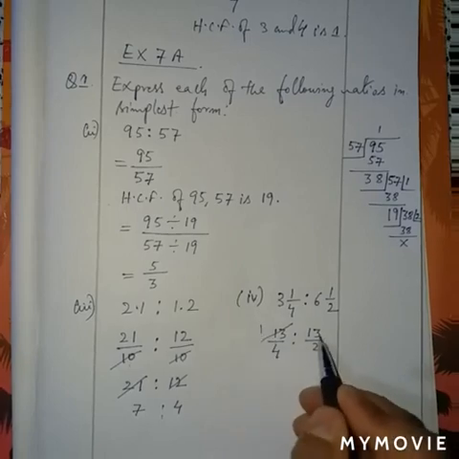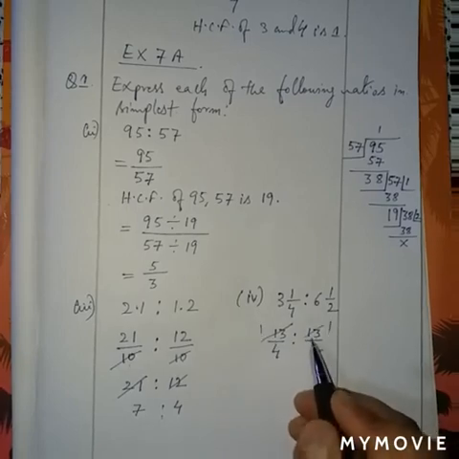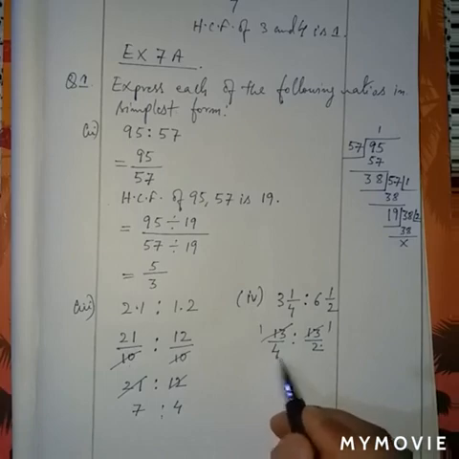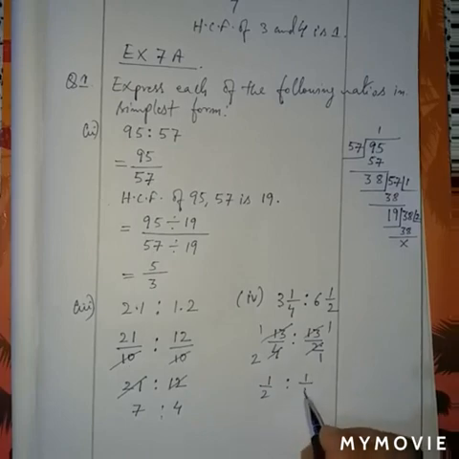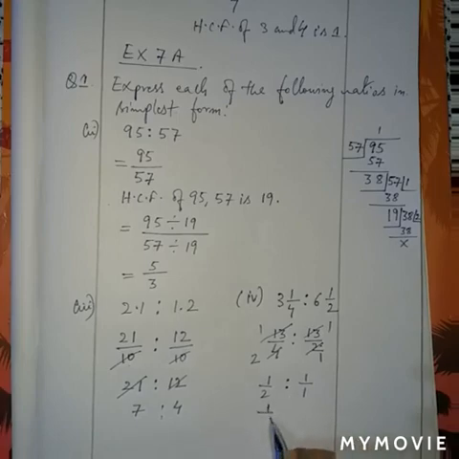13 1s are 13, 13 1s are 13, and here in denominator the common factor for this 2 is 2, 2 1s are 2, 2 2s are 4. What are the remaining things here? 1 by 2, this side 1 by 1. So this is division sign, actually 1 by 2.